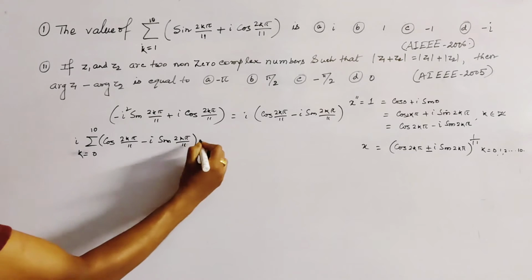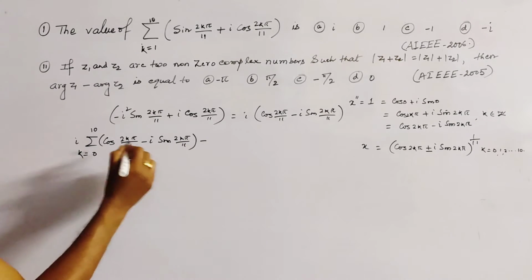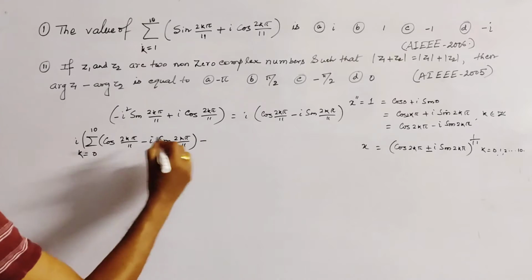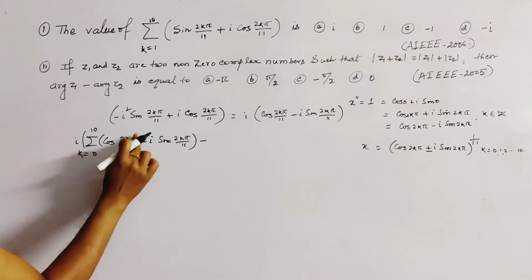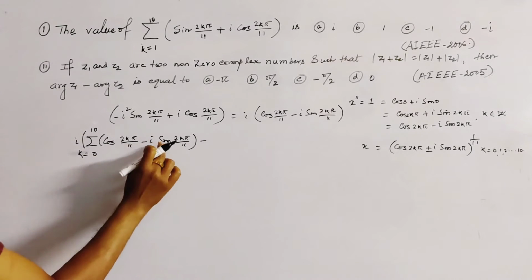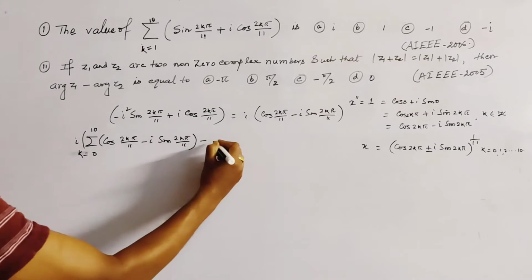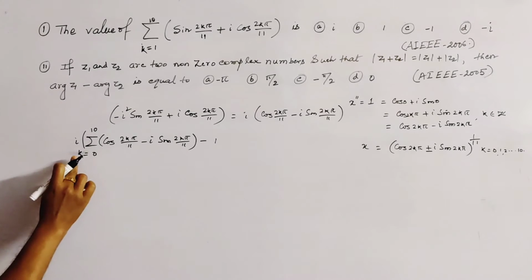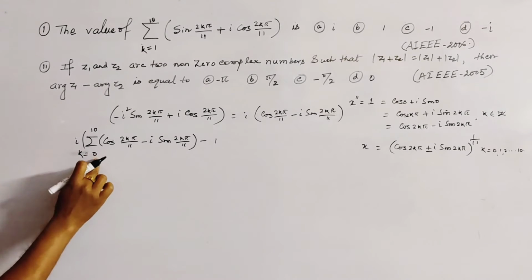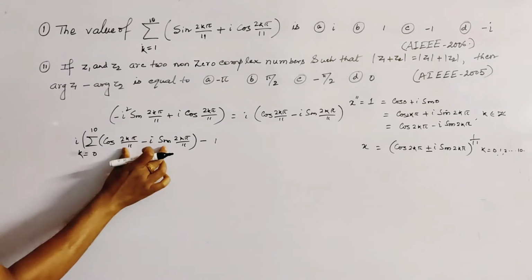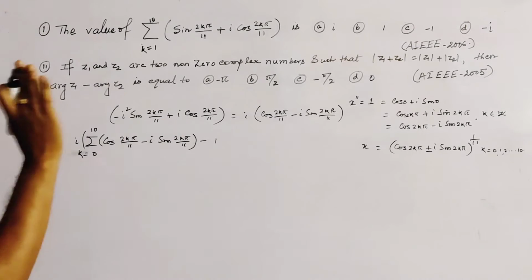So we subtract the k equal to 0 term, which is cos 0 - i sin 0, and this is 1.